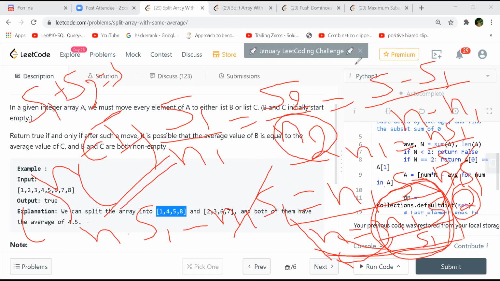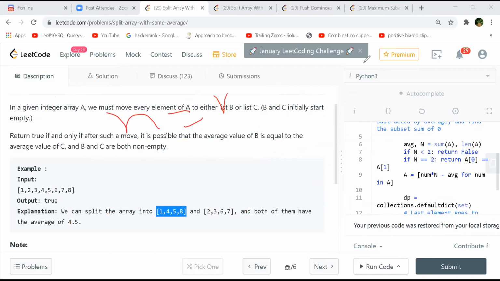I cross multiply. I'm doing N into S1 upon N1. Let me just remember that equation: N equal to N1 into S upon S1, right?